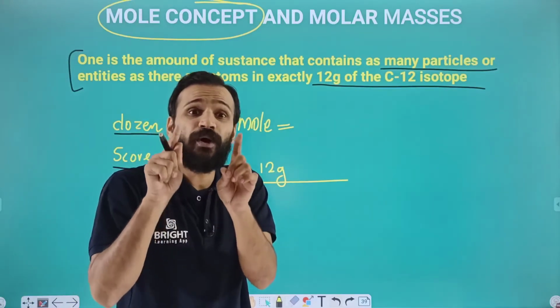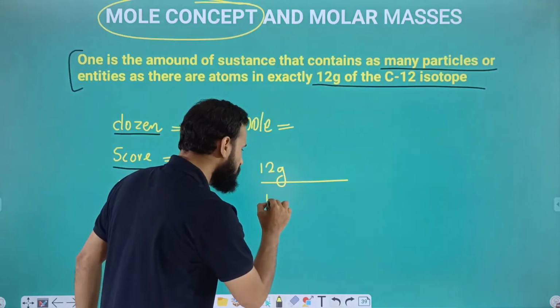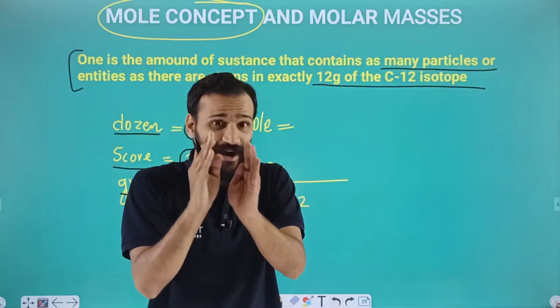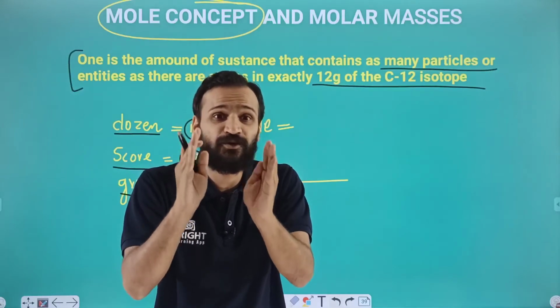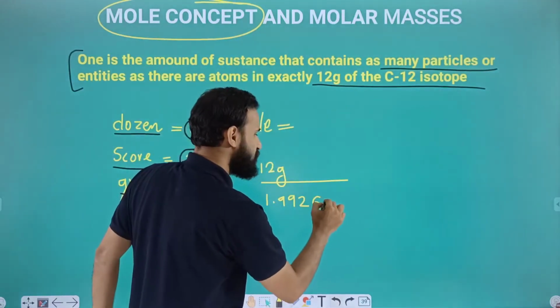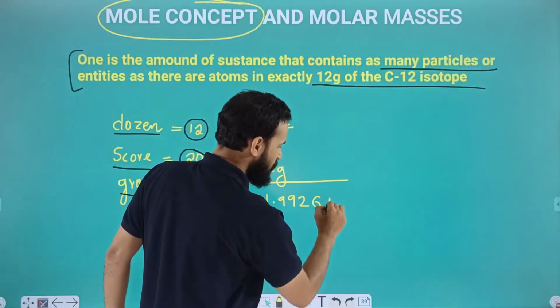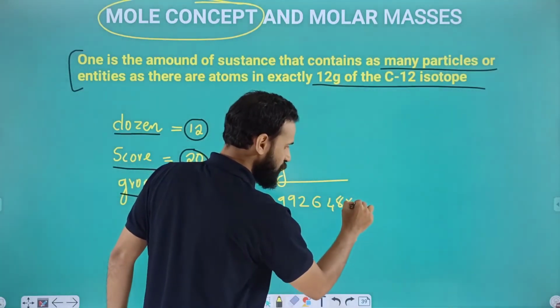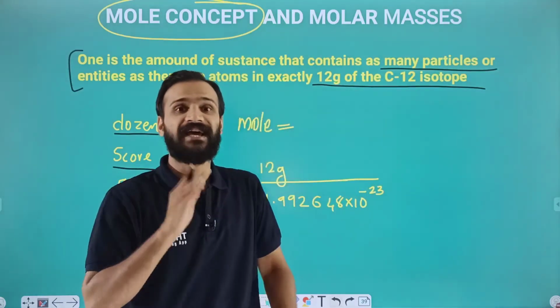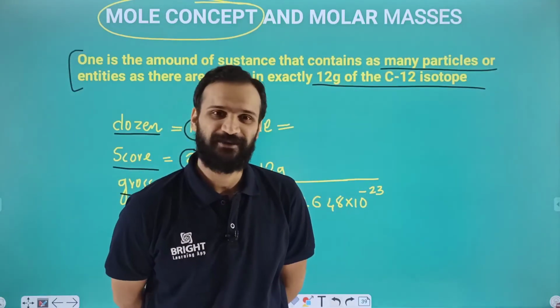It is 1.992648 into 10 raised to minus 23 gram per carbon 12 atom.